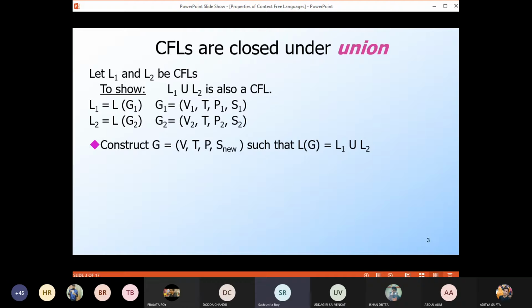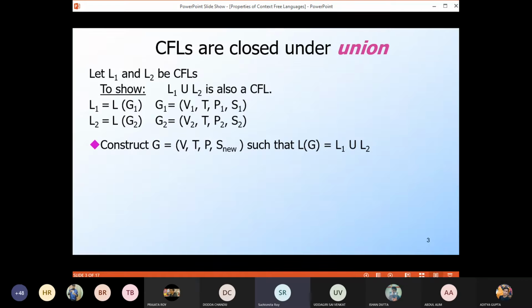Since this construction is possible, the derivations will all give us the strings from the union of these 2 languages. Therefore, the union is also a context-free language. Okay, so how do we construct this grammar? We are looking at grammar construction, not PDA construction.